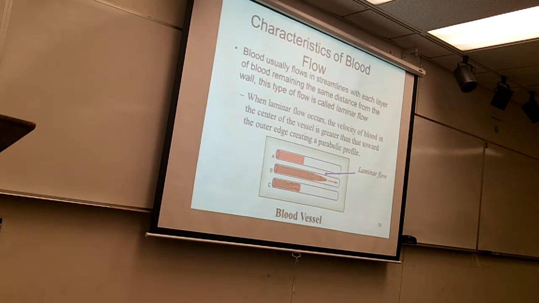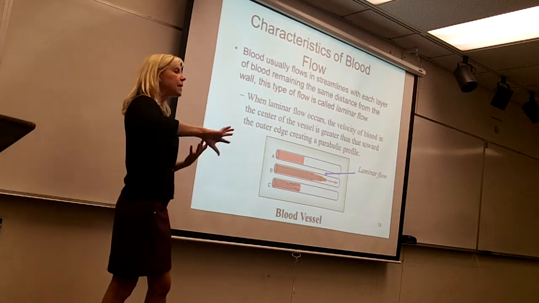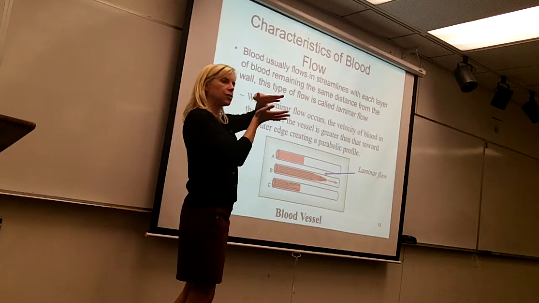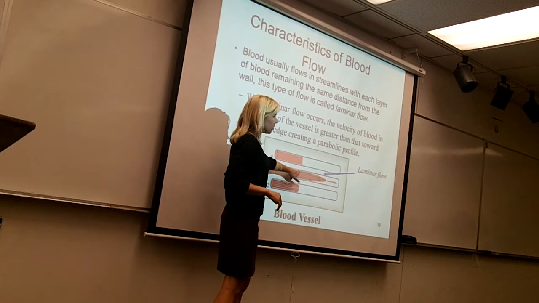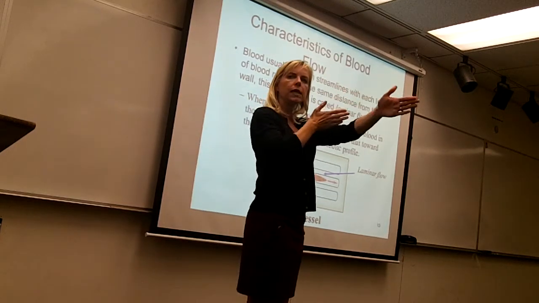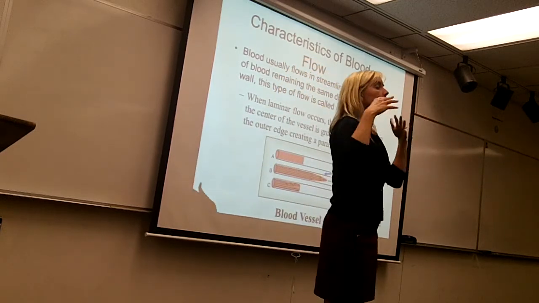Characteristics of blood flow. Blood is going to flow in what's called a laminar manner. Laminae are like layers of the blood. The blood that is going along the vessel wall, along the literal lining of the tunica intima, those red blood cells are going to experience drag.